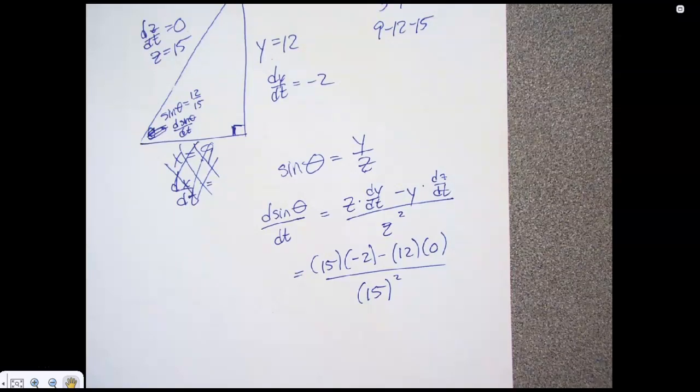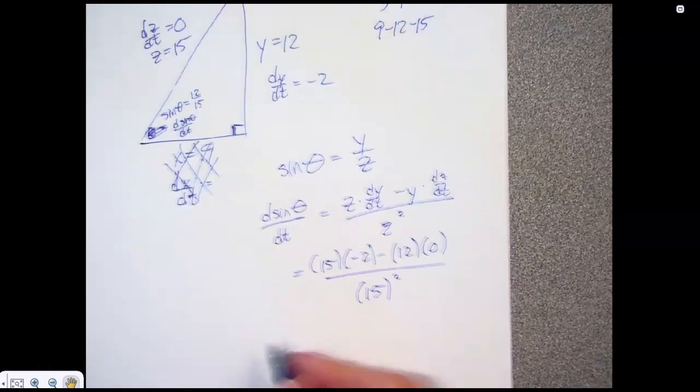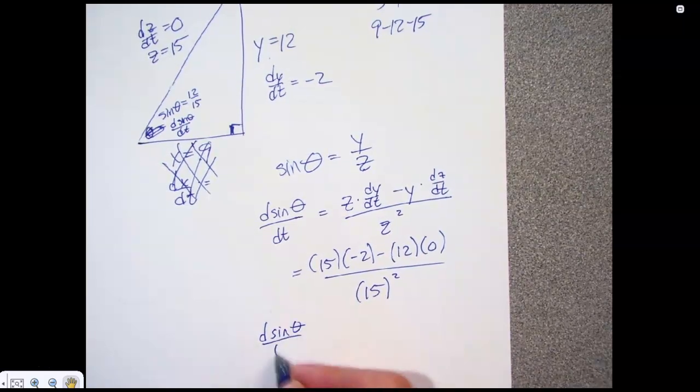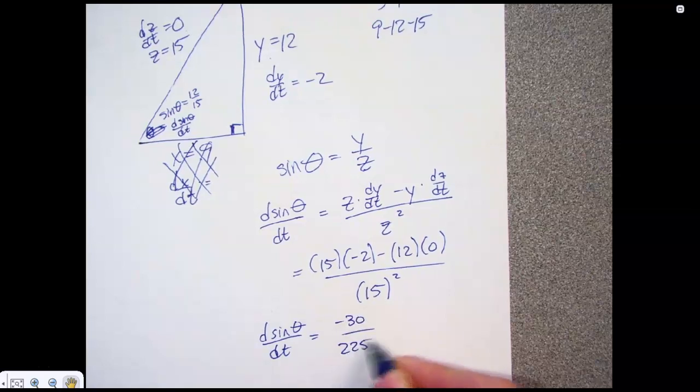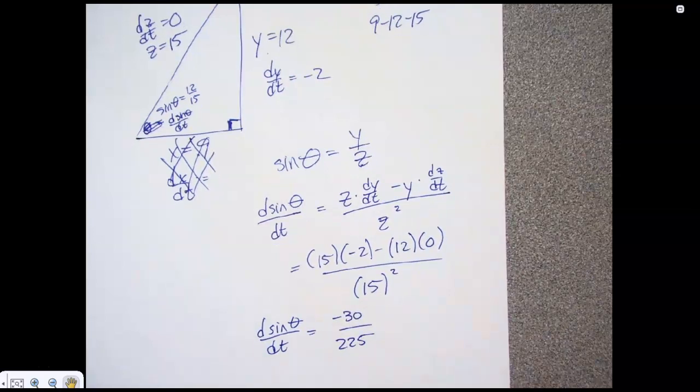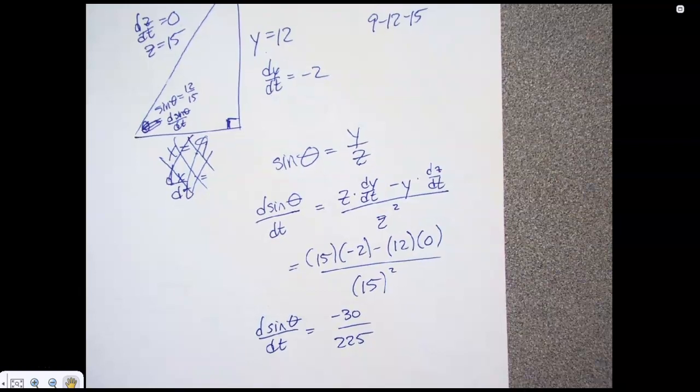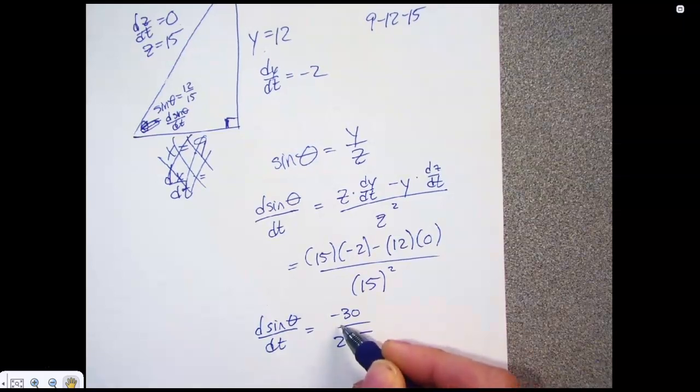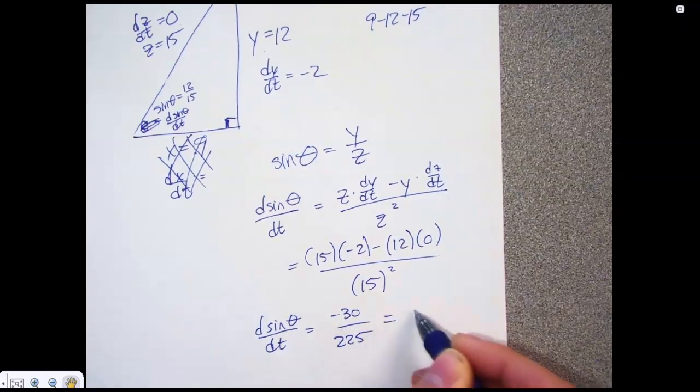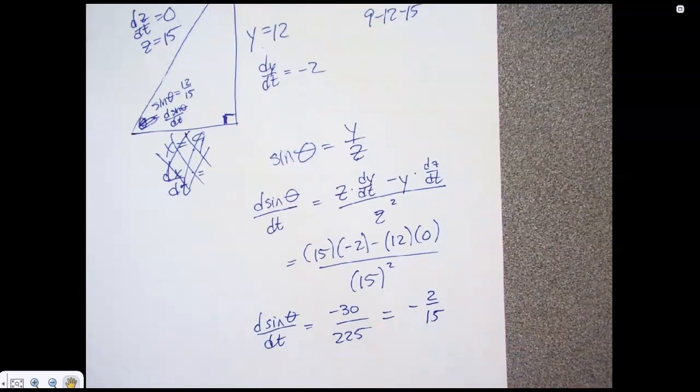Oh, I was wrong. 30 over 225 is not the same thing as 2 over 9. You can just cancel out the 15, you divide by 15, and you get negative 2 over 15. Yeah, so that's negative 2/15, but that's not the answer.